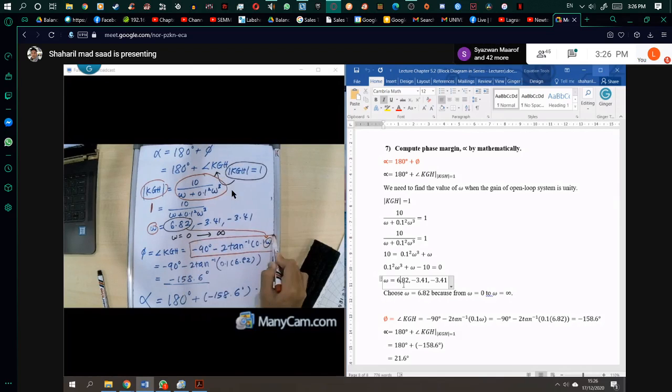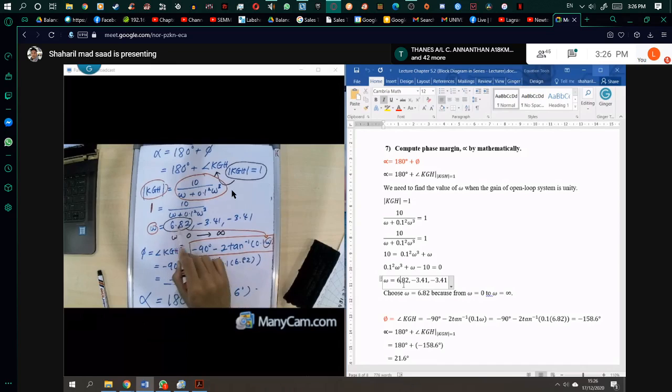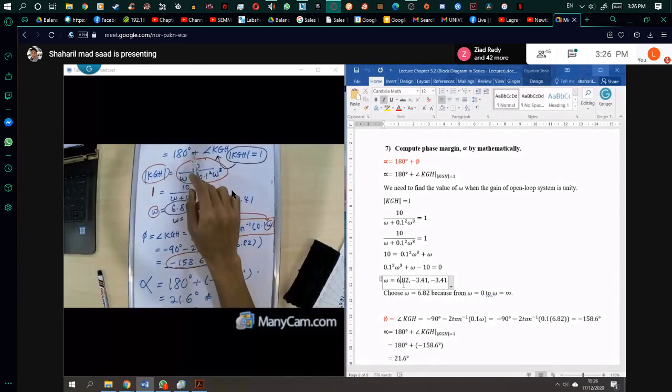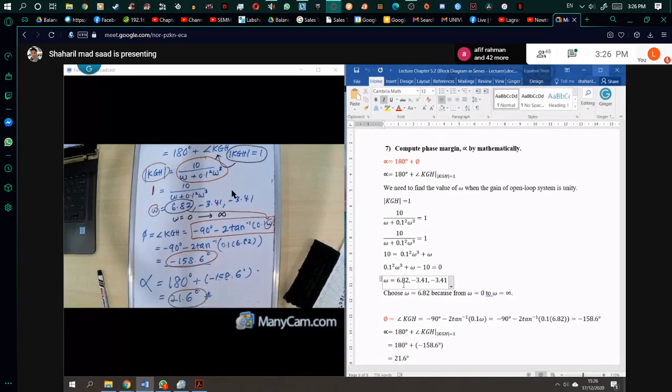Now you apply the W here, 6.82. Then after that you get the angle, done. And then you do 180 plus that angle, 180 plus minus 158.6 degrees. Then you can get alpha. So it will give you the same value as the value you can get from the graph. Clear?